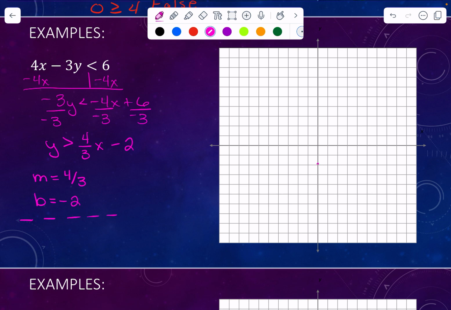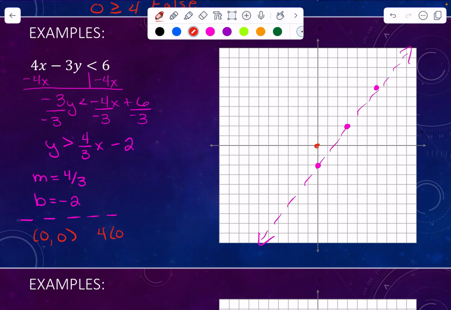So I'm going to start down 2. From there, I'm going to go 1, 2, 3, 4, 1, 2, 3. 1, 2, 3, 4, 1, 2, 3. It's a dotted line. Now I'm going to pick a point. I'm going to use (0, 0) again because that's not on the line.